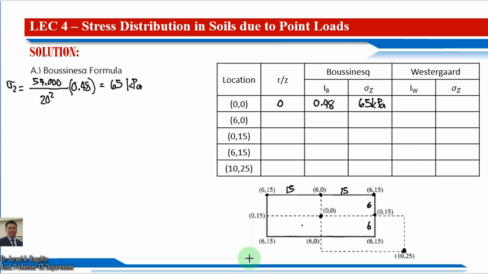So we are going to determine the I sub W and this vertical stress using the Westergaard formula.